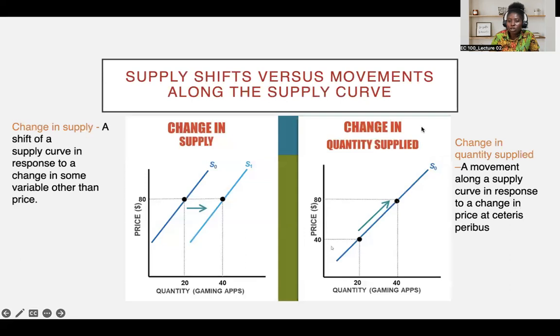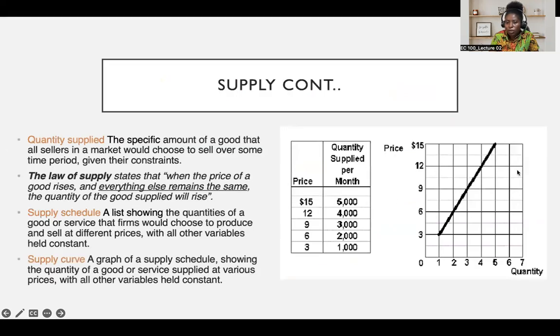I want us to see the change in quantity supplied versus the change in supply. Change in quantity supplied is when the movement is along the curve. This is where a change in price causes a change in quantity supplied. If the price was at $6, you could buy 2 units.